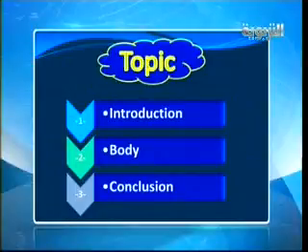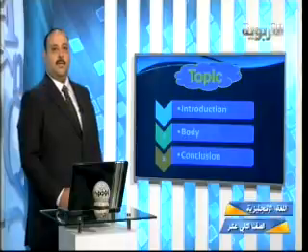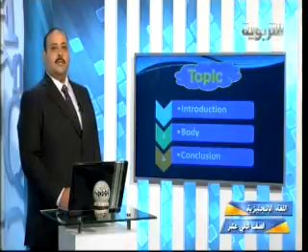In the introduction, you're going to present your topic and give some information. But in the body, you talk about the ideas and you develop your ideas, whether you are for, against, you give reasons or you give details about the topic. And the number 3 is the conclusion. This is the end, the last paragraph of your writing.